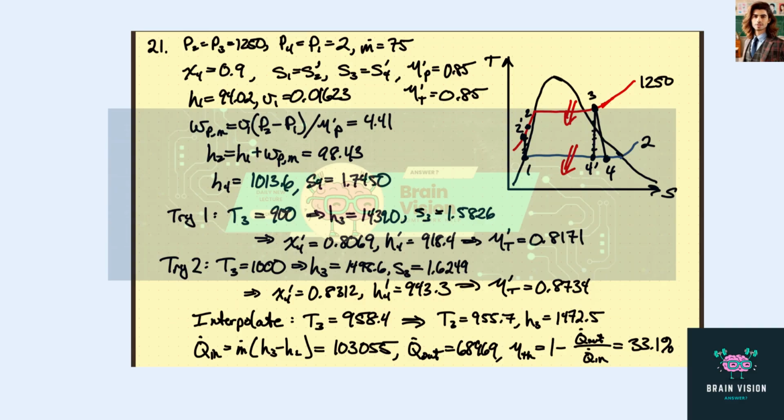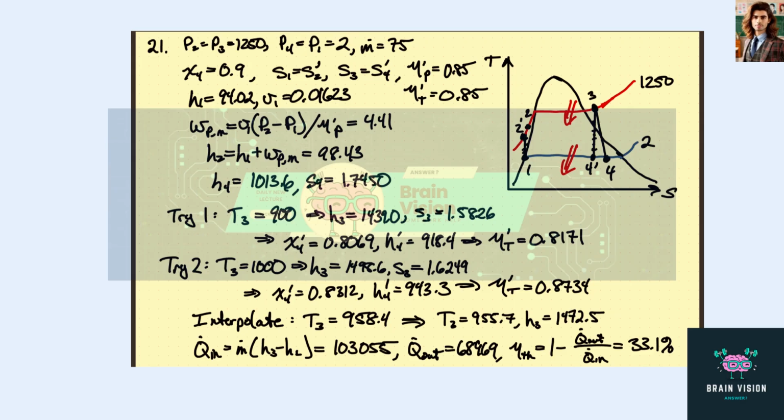Now that we know this and this, we can figure out the efficiency of the turbine. It comes out to be about 87.3%, which is too high. So then we can interpolate. We want 0.85, so we can figure out the proportions between these temperatures.